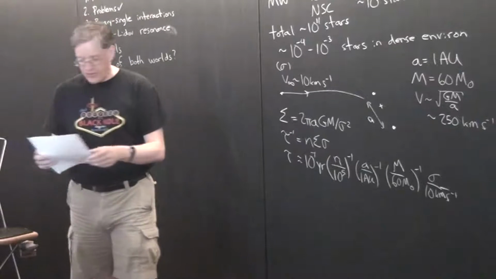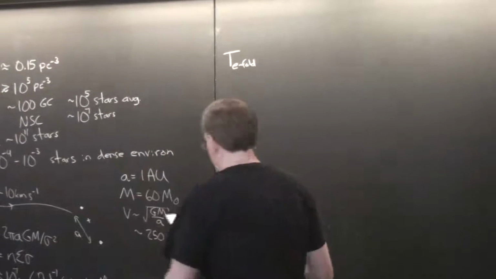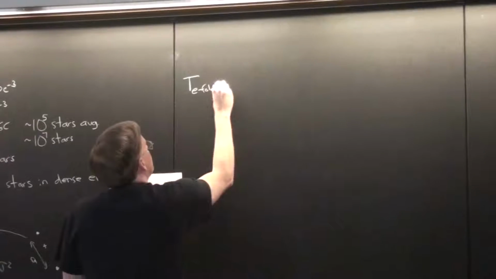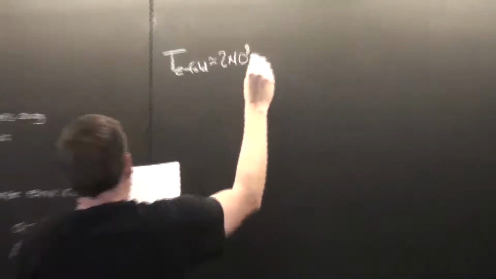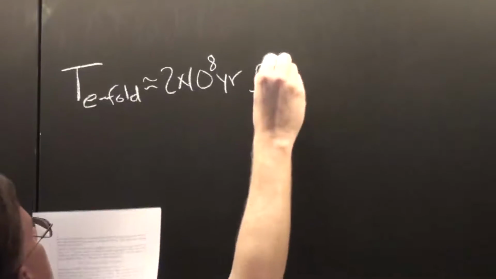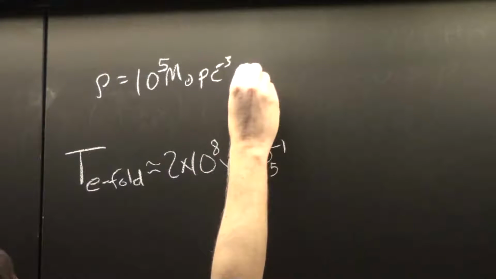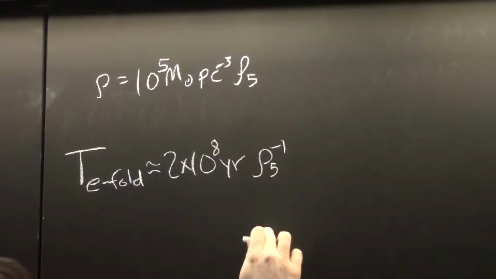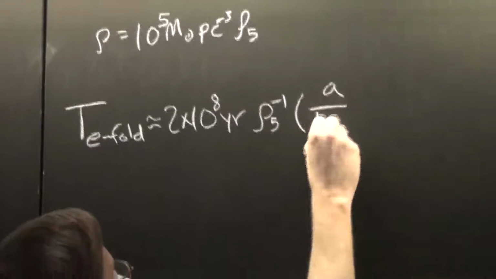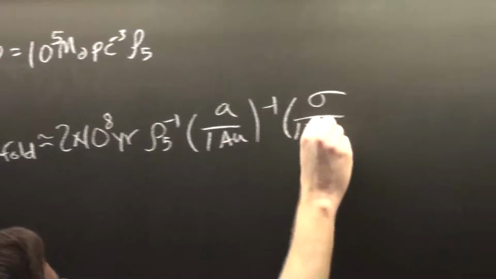So it nicely cancels out, and what you get is that the time necessary to E-fold, in other words, to reduce by a factor of e, is on the order of 2 times 10 to the 8 years times rho 5 to the minus 1, where rho is equal to 10 to the 5 solar masses per cubic parsec times rho 5, times A over 1 AU to the minus 1, and then times sigma over 10 kilometers per second.